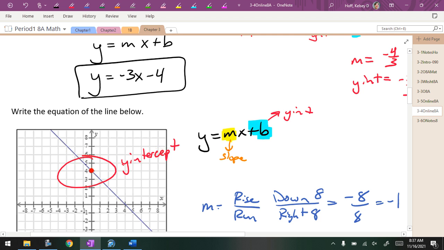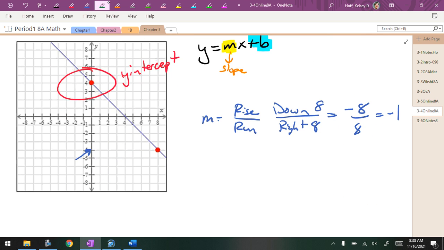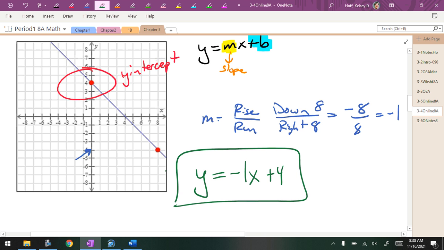Y equals, what's your slope? -1. What goes after your slope? X. What's your y-intercept? Is it a +4 or -4? +4. It's a +4.